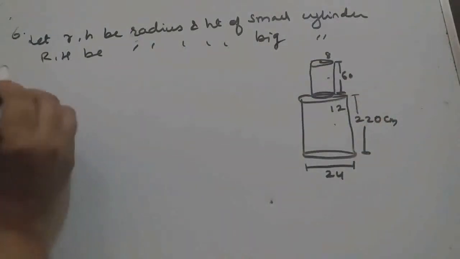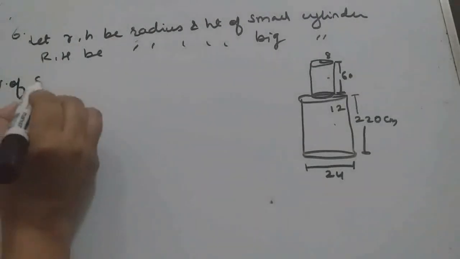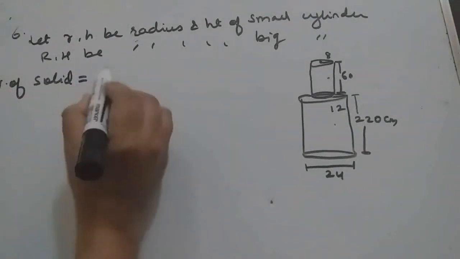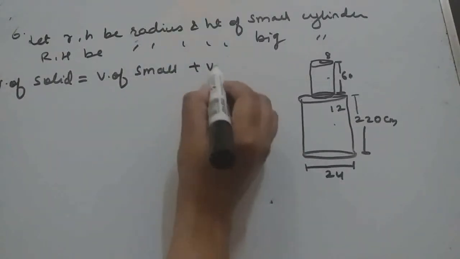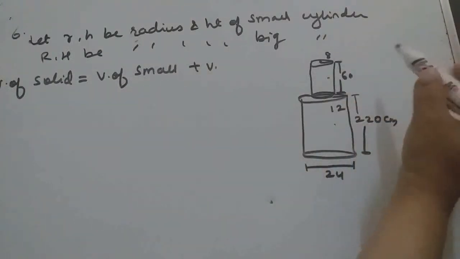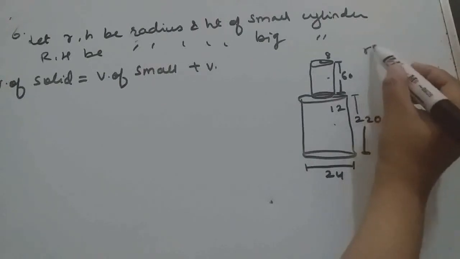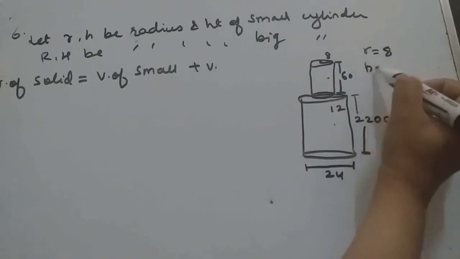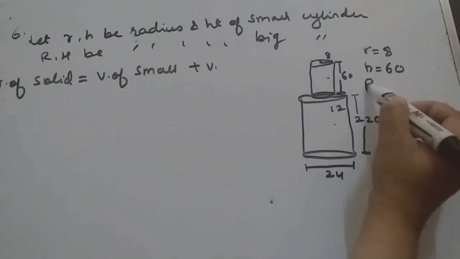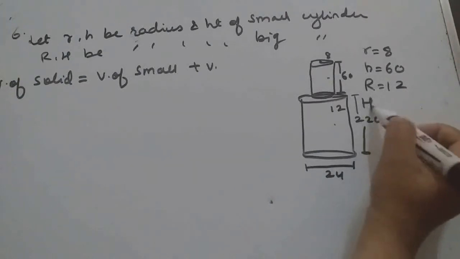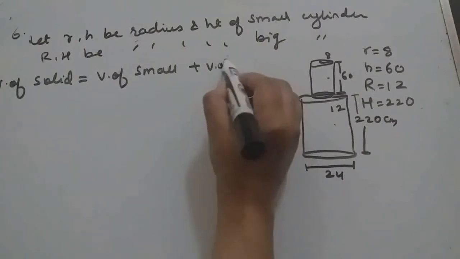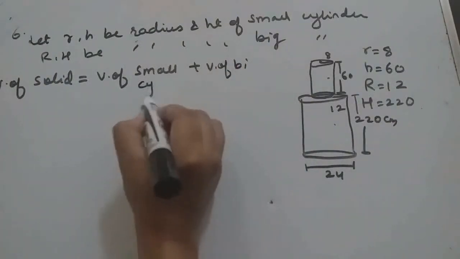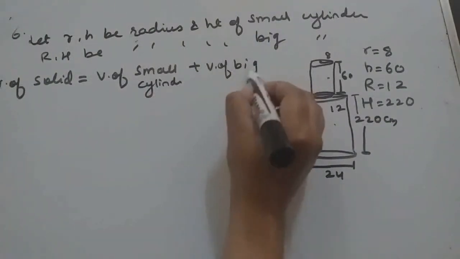So the volume of the solid will be the volume of the small cylinder plus the volume of the big cylinder. r is 8, h is 60, capital R is 12, capital H is 220.